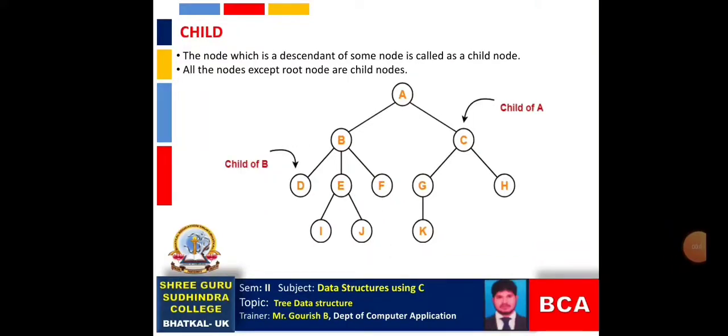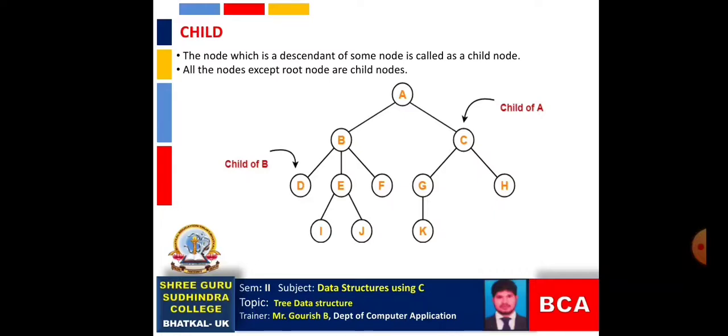And the fourth one is child node. Now we can easily understand the child node. See here, the immediate successor of node X is the child of node X. For A, B and C are immediate successors. Successor means which comes next.